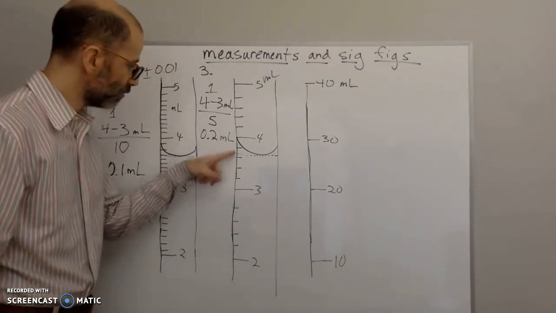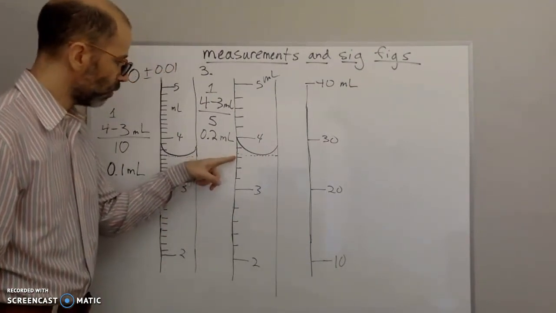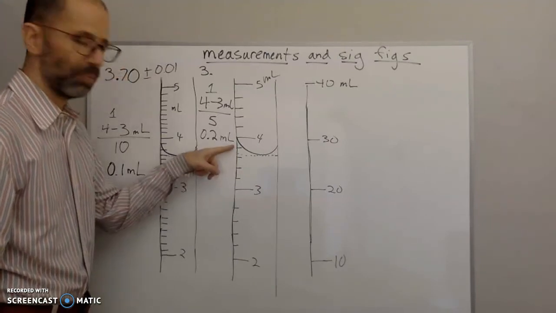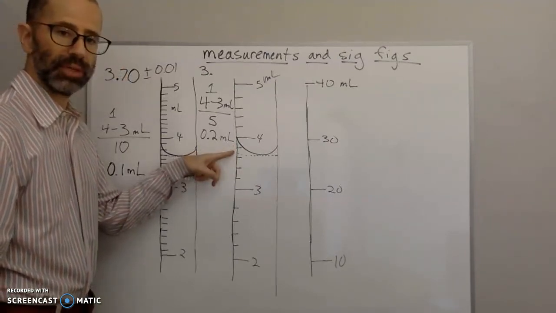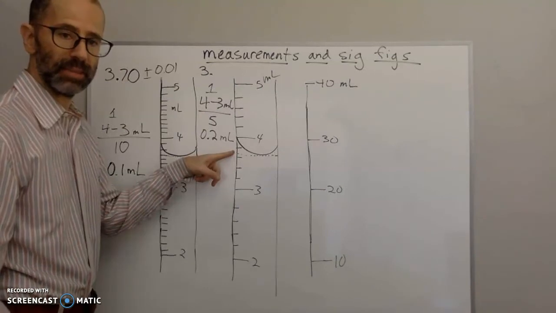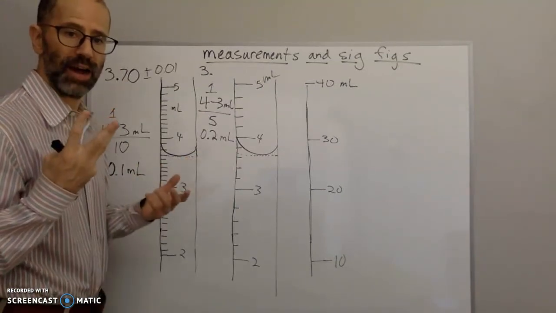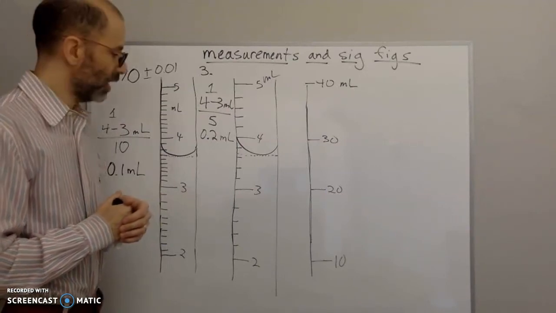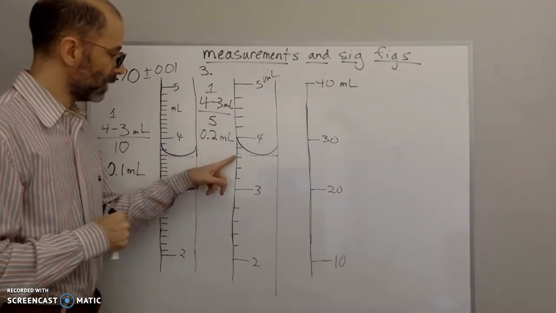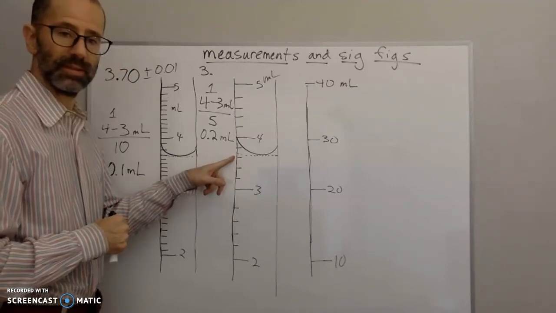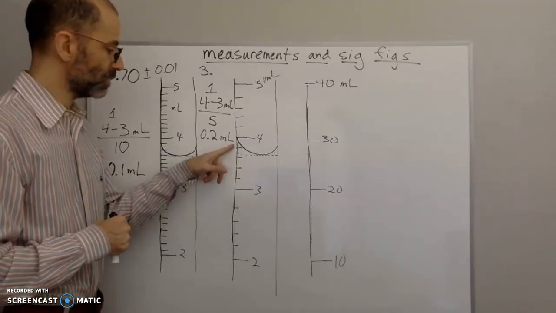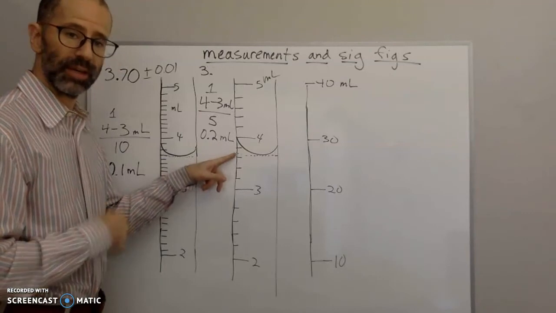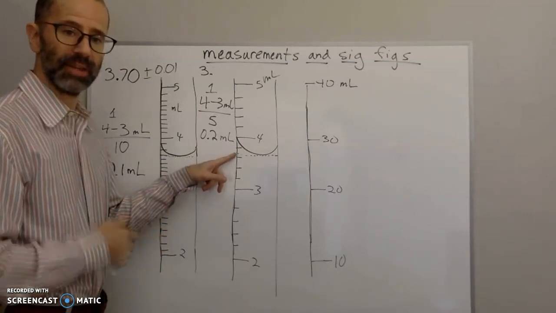So because the 0.7 lies between 0.6 and 0.8, that 0.7 is my estimation. So I'm only allowed three choices here. I can either say it's 0.6, I can say it's 0.8, or if it's in between, I can only say it's 0.7.